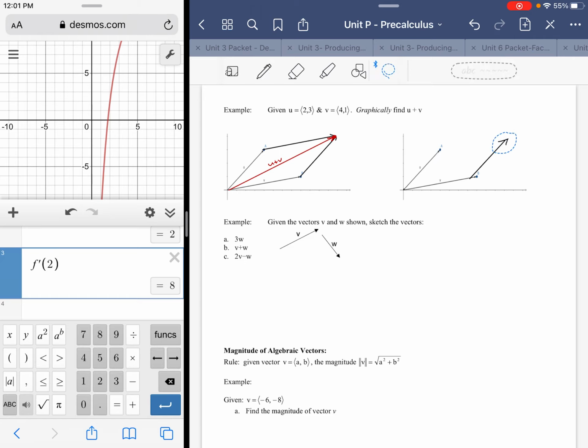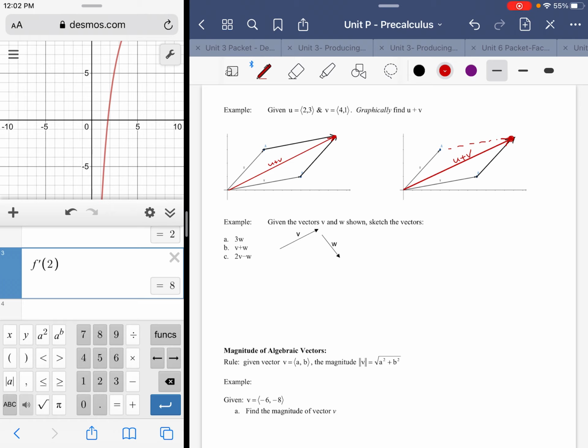So if I were to take one vector and translate it so that its tail is at the tip of the other, and then create a new point at that location, connecting that with the origin, that would also give us vector u plus v.